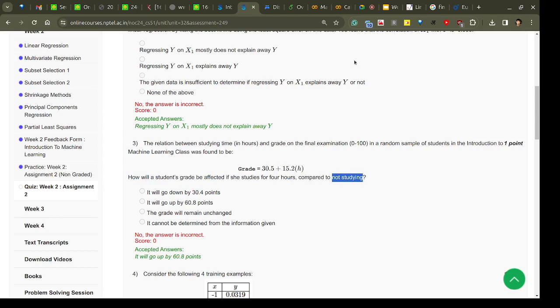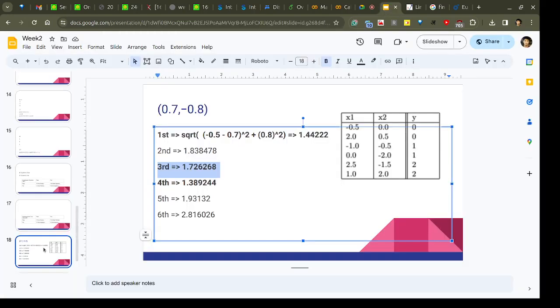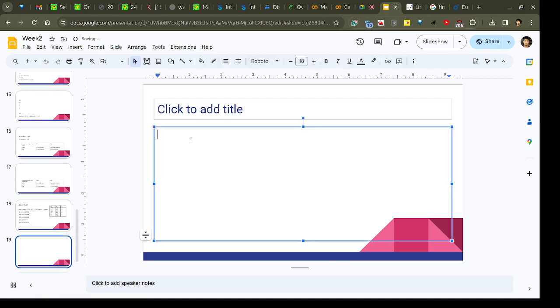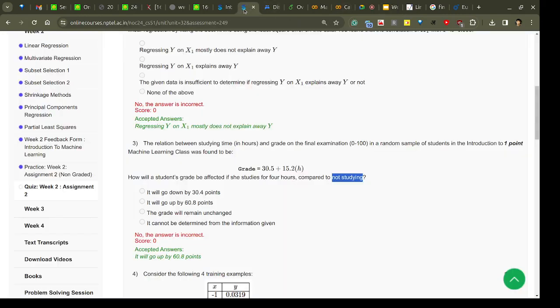30.5 plus 15.2 into h. I guess that is the formula.